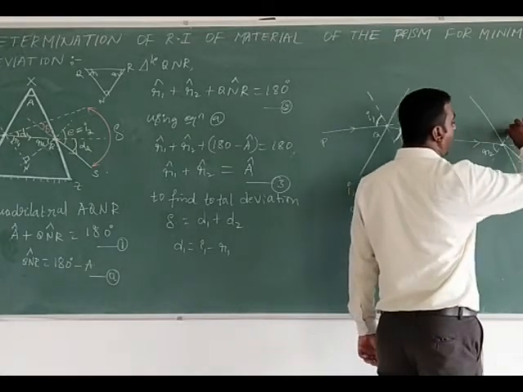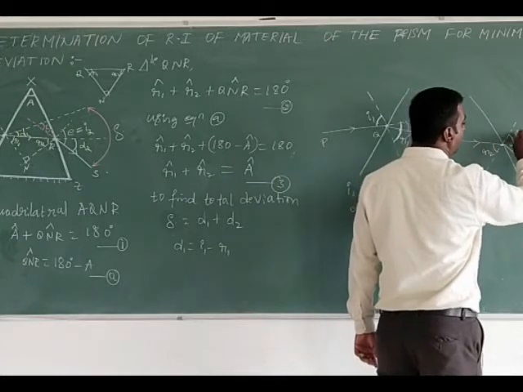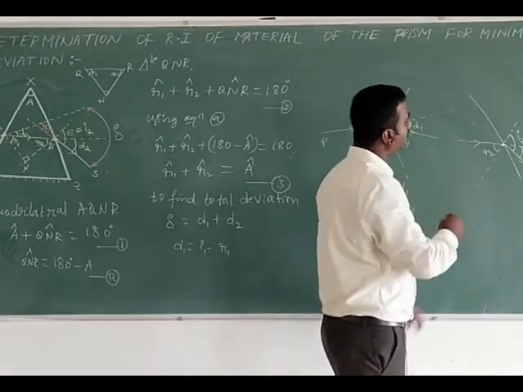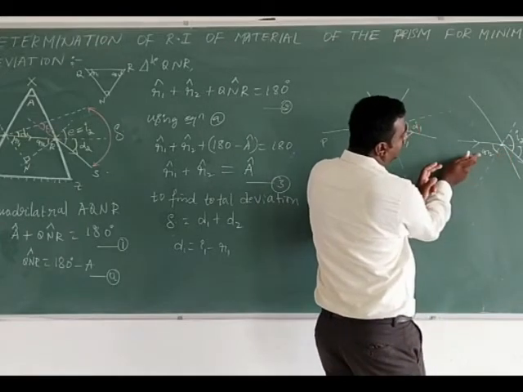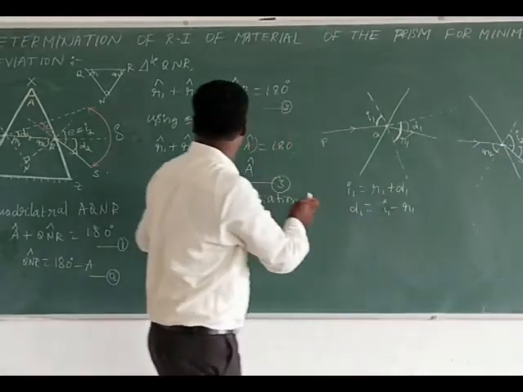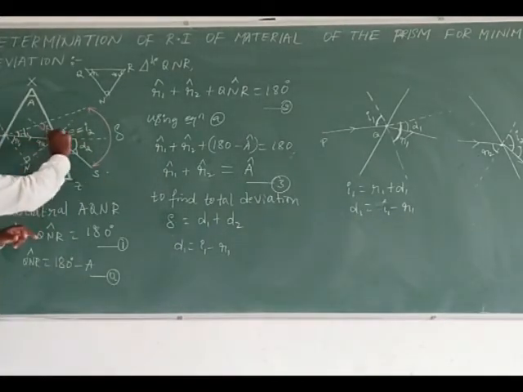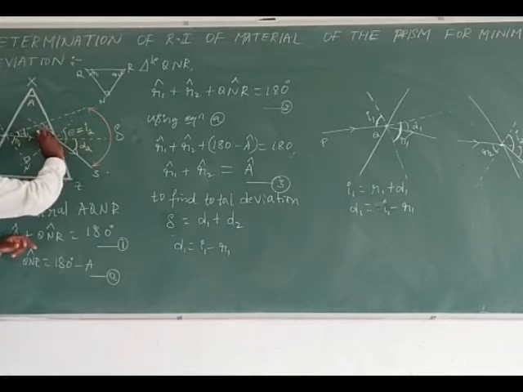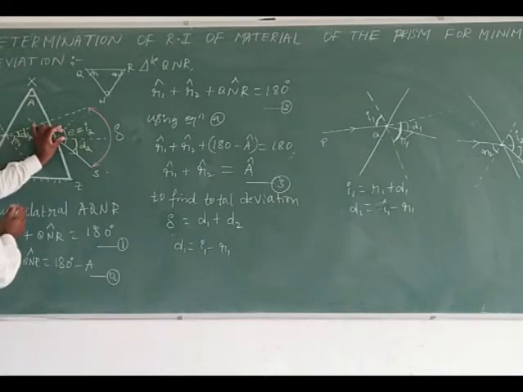This is the angle of emergence, the total angle, I2. Look at the diagram carefully. This R2 angle is equal to this angle, as these two are opposite angles, that is I2 minus D2.